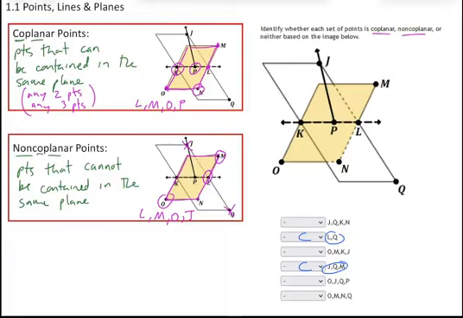The easiest way to do this is just pick 3 points that fall on one of the planes. So J, Q, K, those are all 3 points on that unshaded plane, right? Then we look at N. Is N also on that unshaded plane?